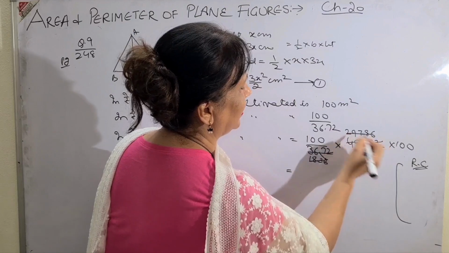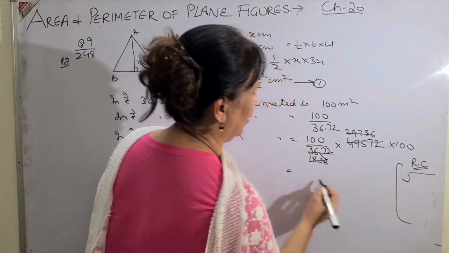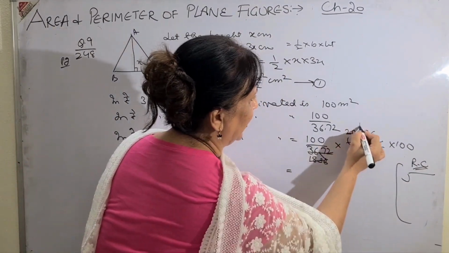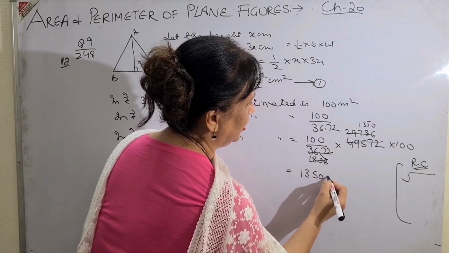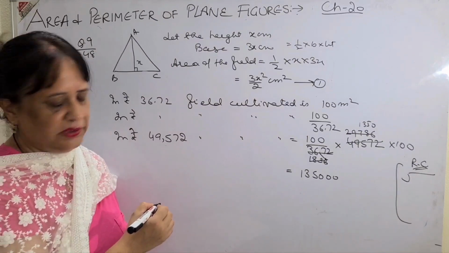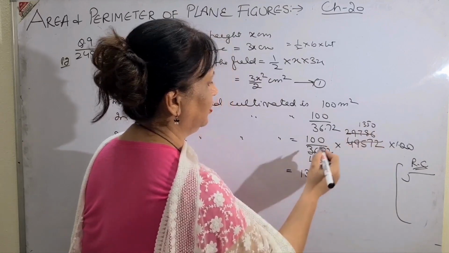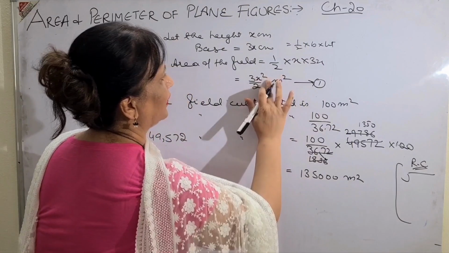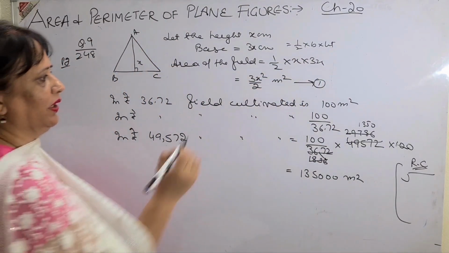You can also do it directly by division in the rough column, and you will get 135000. Zeros are also left, some will be cut. Now this is also area, so you write it in meter square. Area is 135000 meter square.